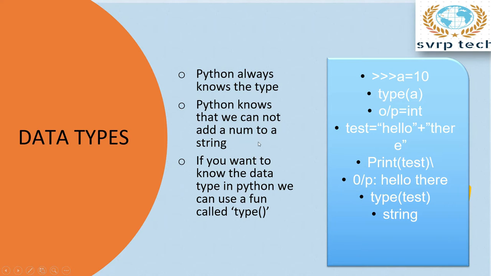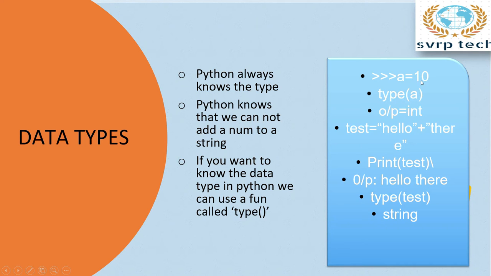Python always knows that we cannot add a number to a string. It means that 1 plus our name, like SVRPTech, if you execute and print this, it is going to give an error on the left and right. Let's see, if you write a equals 10, type of a, then the output is going to be int. Why?